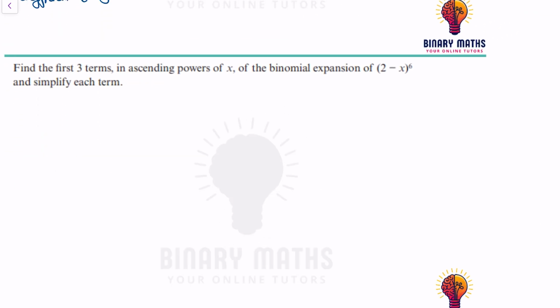Find the first three terms in ascending powers of x, so that means increasing the powers of x, of the binomial expansion of (2 minus x) to the power of 6 and simplify each term. So if it's increasing power of x, the first one needs to have no power of x.